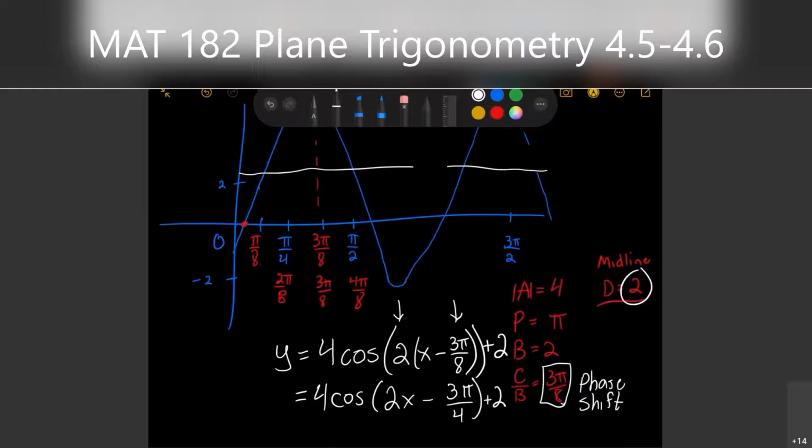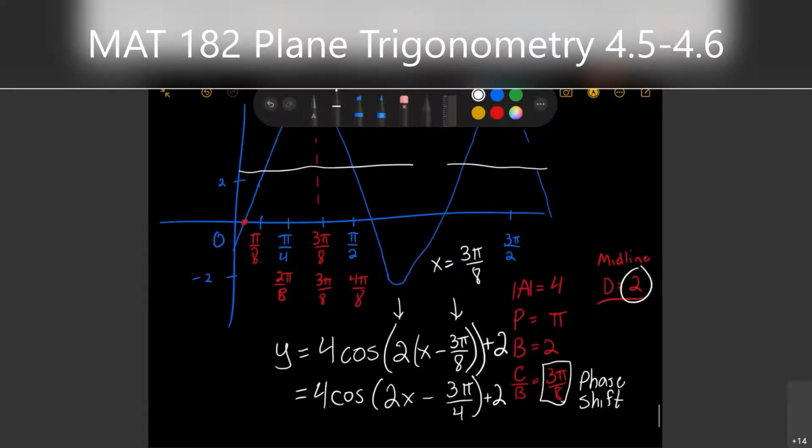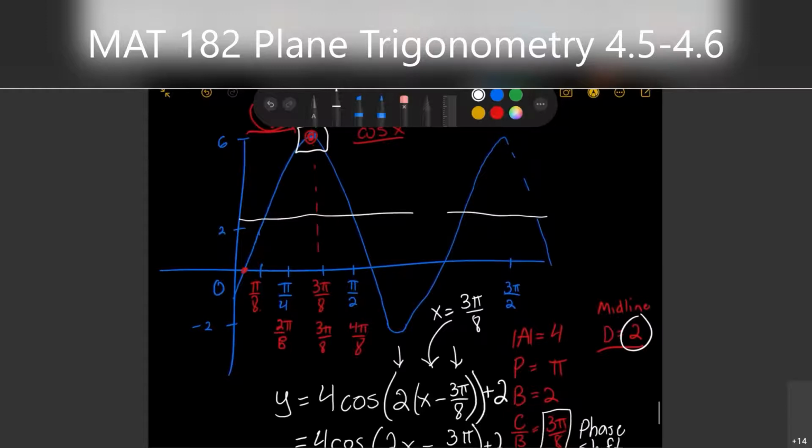If you considered C over B positive and input that into the equation, that would be a cosine of 0. When we put that into the equation, that would make it a 0 in the cosine function, which is mimicking where I would have a starting point.